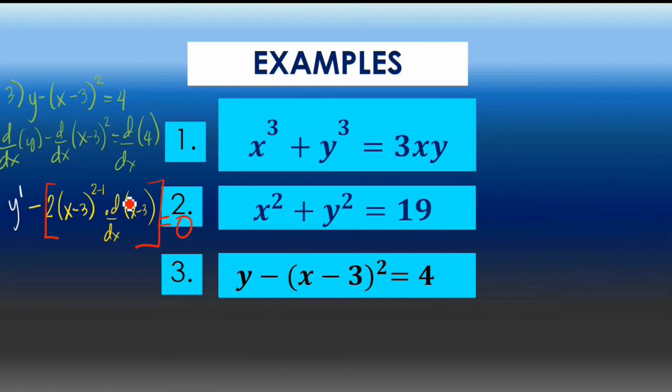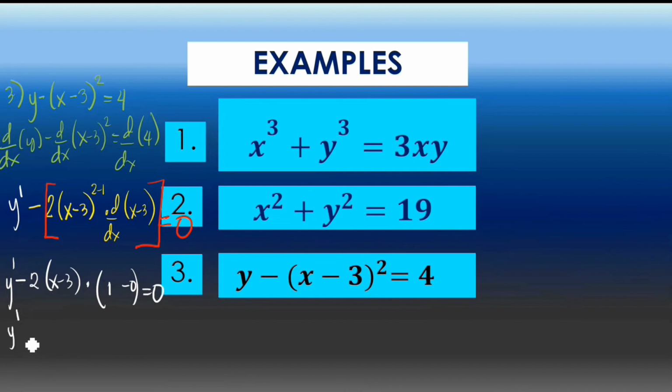So this is a group because it is from the derivative of this exponent x minus 3 raised to 2. Then copy the y prime minus 2 times x minus 3. 2 minus 1 is 1. Then derivative of x is 1. Derivative of negative 3 is 0. Then that is equal to 0 for the derivative of 4.